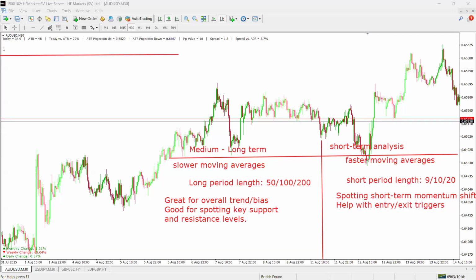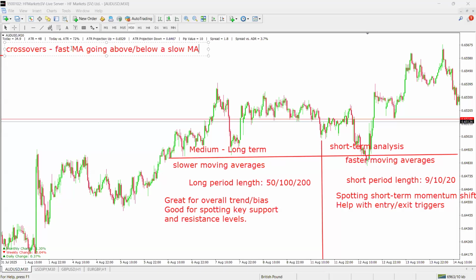Now, a crossover is the movement of a faster moving average past a slow MA, going above or below a slow MA.